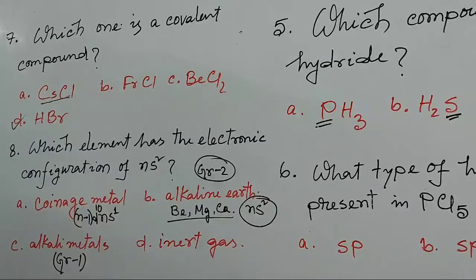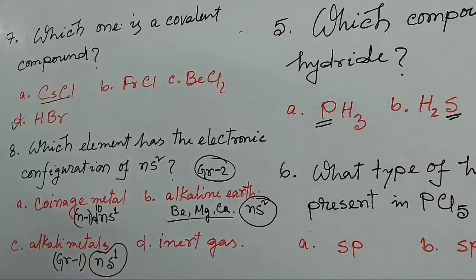Students, all of you know that the elements of group 1 are alkali metals and they contain 1 electron in the s orbital, so I can say the common electronic configuration is ns1.